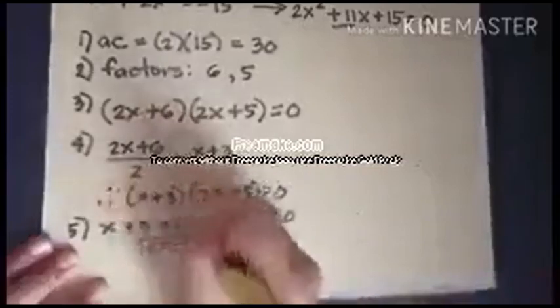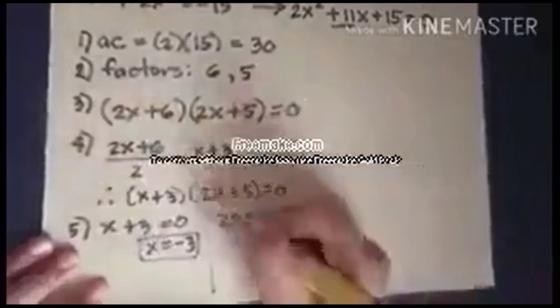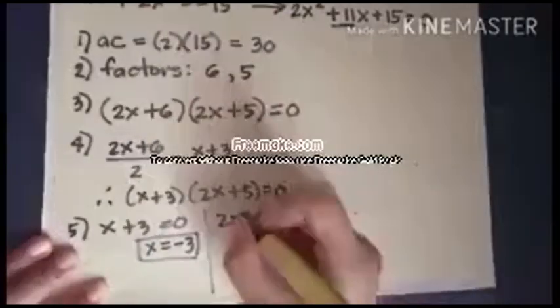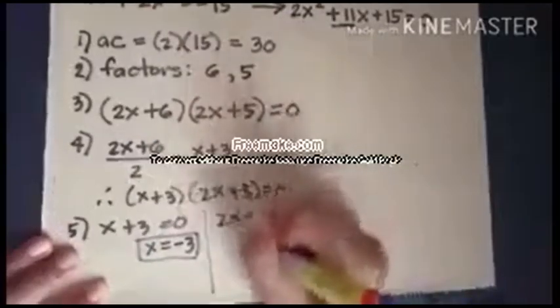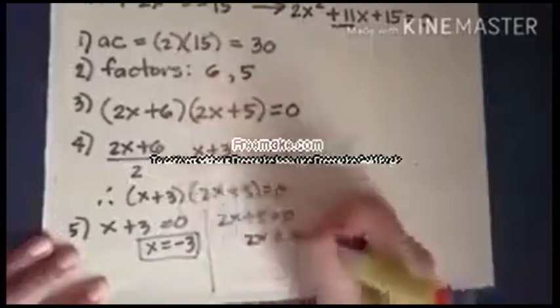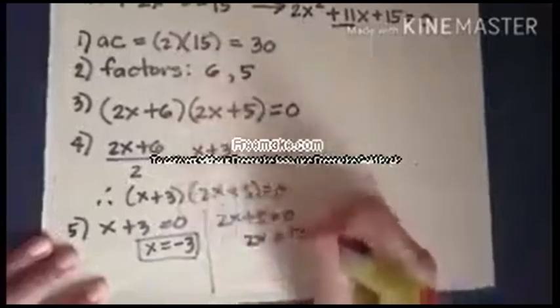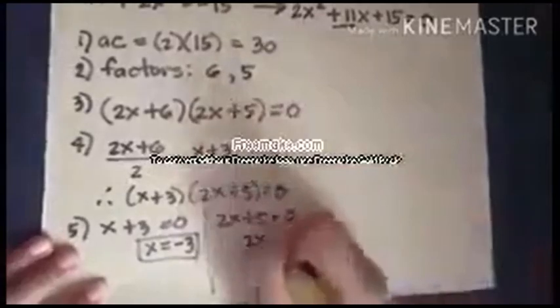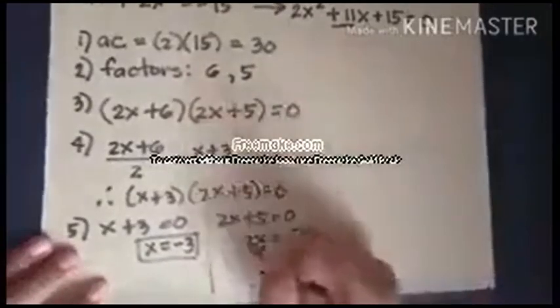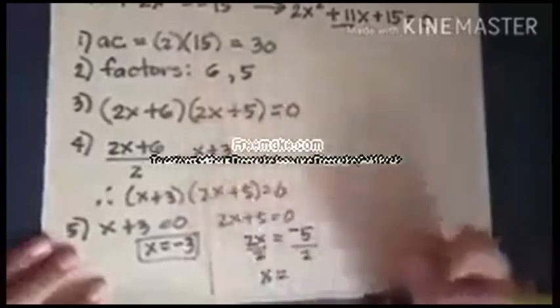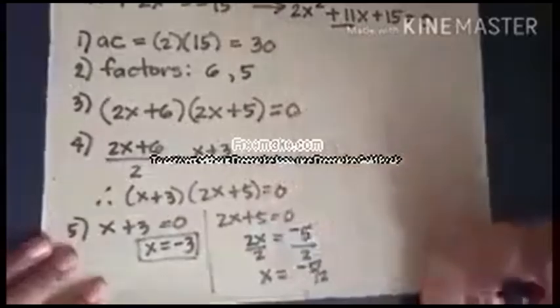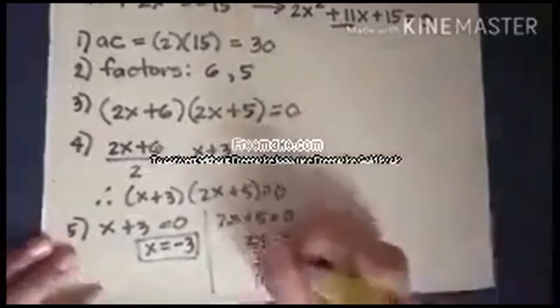So, x is equal to negative 3. Yun yung first value ng x natin. While here, in the second, we have 2x transpose positive 5. So, naging negative 5 na. Then, divide both sides by 2. So, therefore, x is equal to negative 5 over 2. Okay?